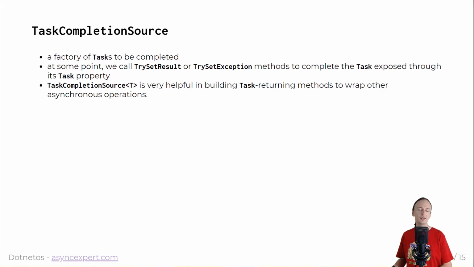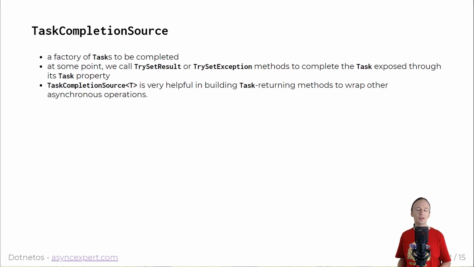So, as I said, at some point in time, you can use the TrySetResult or TrySetException methods on a TaskCompletionSource instance, and it will set the result, the state of the task that is returned by the Task property which is provided in the TaskCompletionSource type.